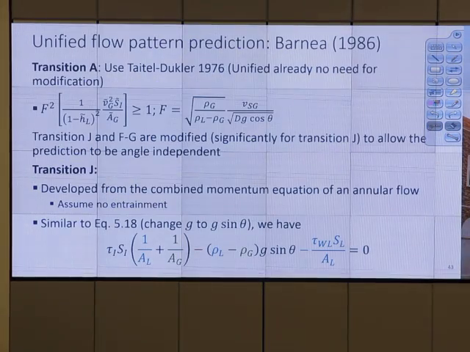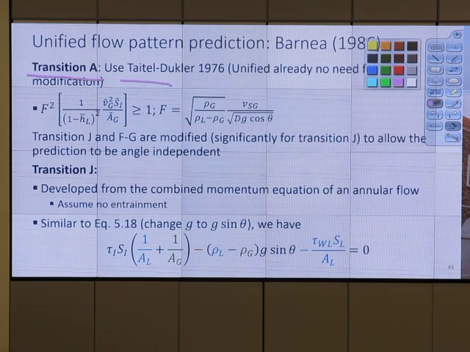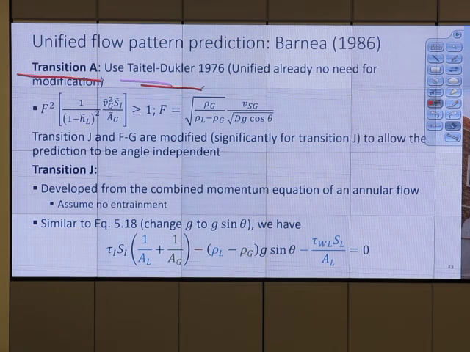One of the unified models uses transition A, which is the same as in chapter 3. That is valid for any angle. So when I said exam 4 covers just chapters 4 and 5, chapter 5 already covers chapter 3. So you need to know everything.